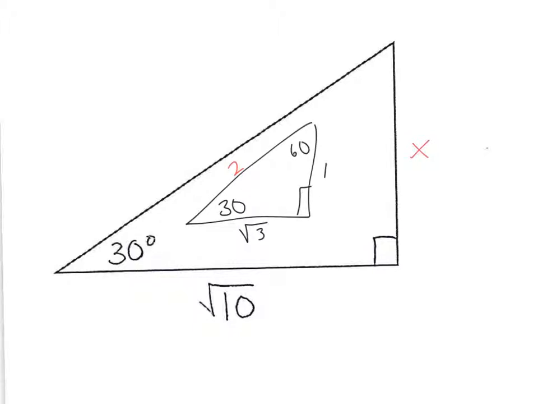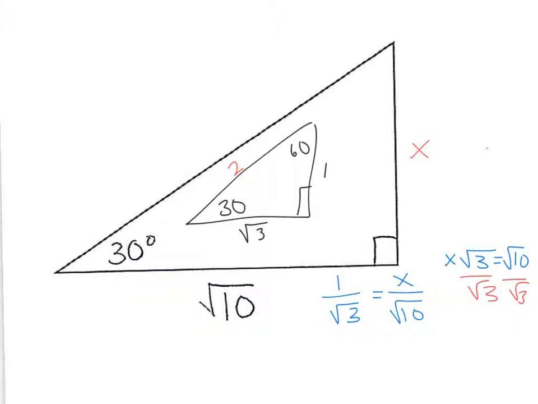I'm going to use the proportion 1 is to root 3 as x is to root 10, and cross multiply. So it's x root 3 equals root 10. So to solve for x, I divide both sides by root 3.